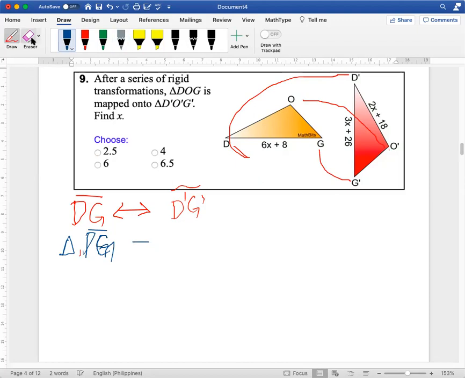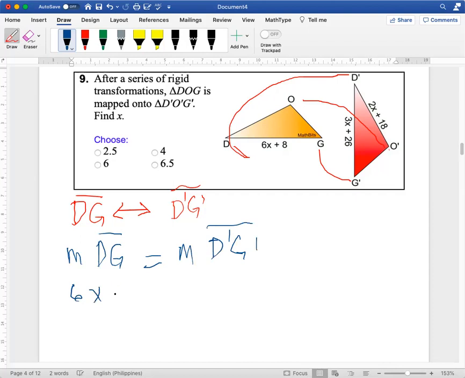The measure of segment DG is equal to the measure of segment D prime G prime. All right, so what is the measure of DG? That's 6x plus 8. And how about D prime G prime? That's 3x plus 26. All right, because these two triangles are congruent.